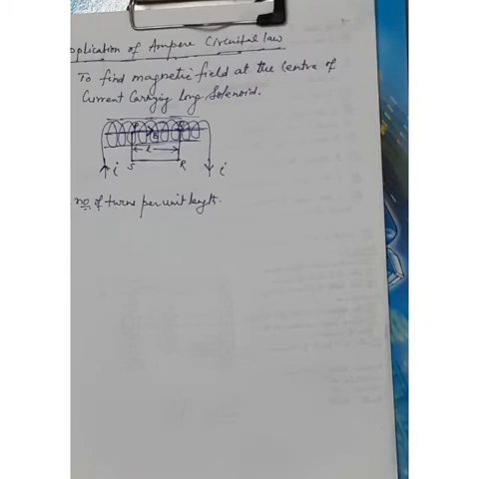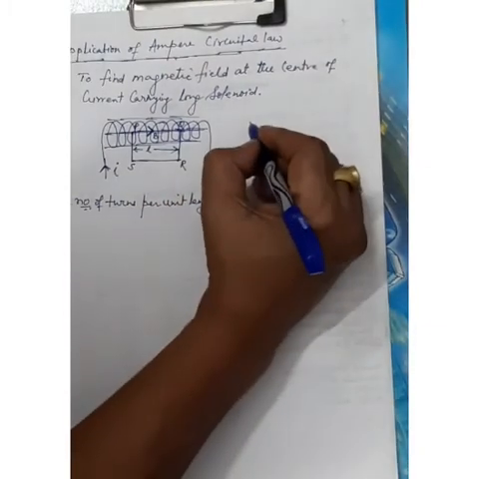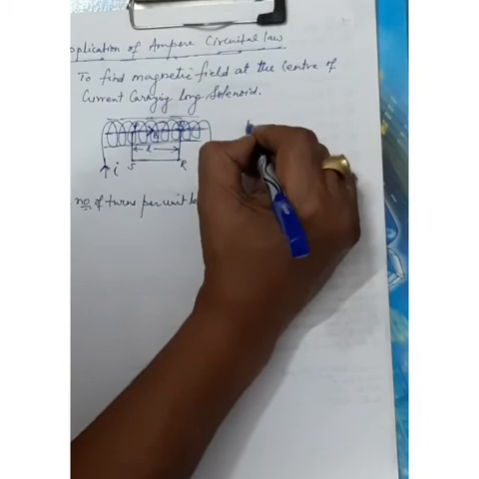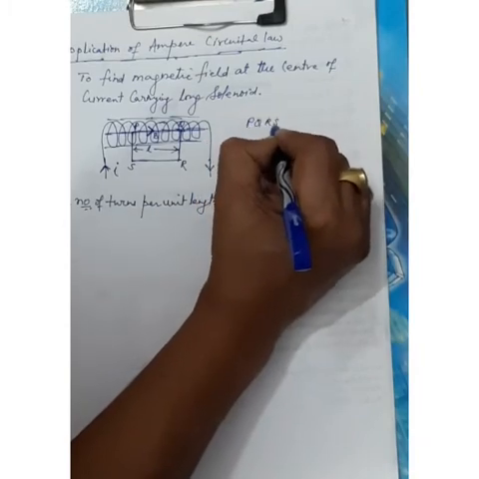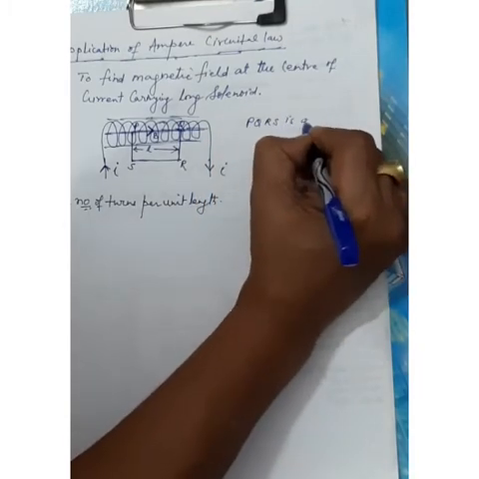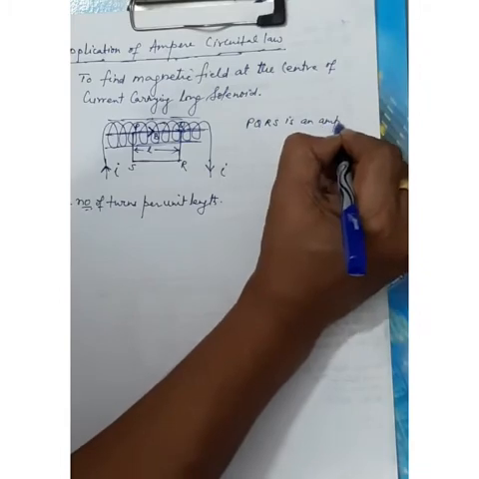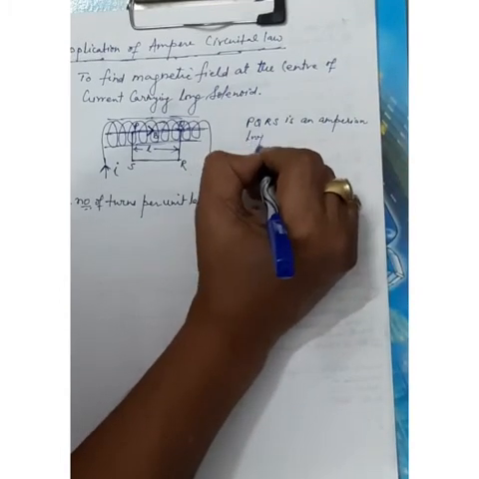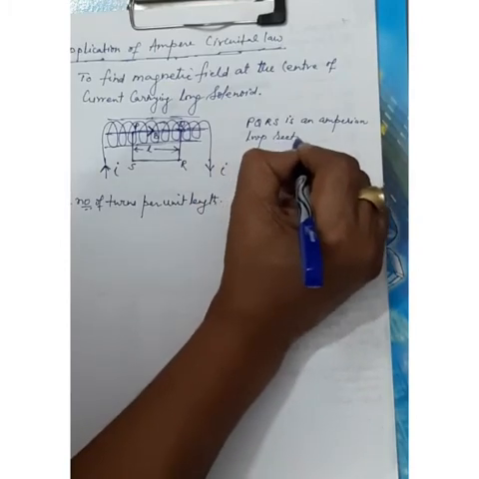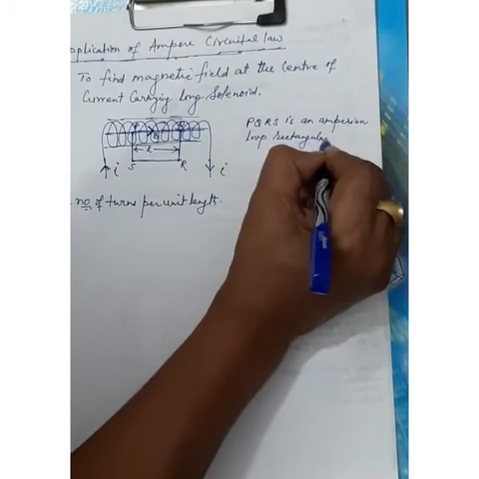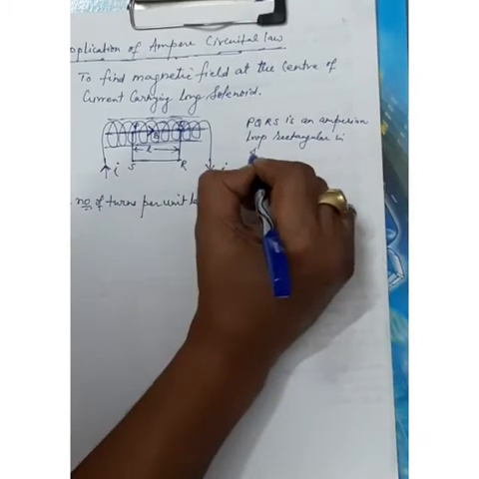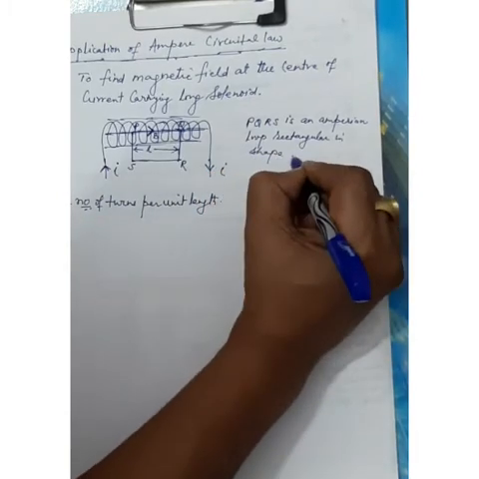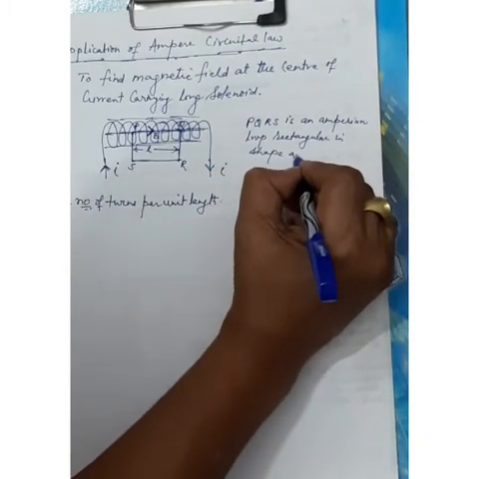So let us consider an Amperian loop. So rectangle PQRS is an Amperian loop, rectangular in shape, as shown.